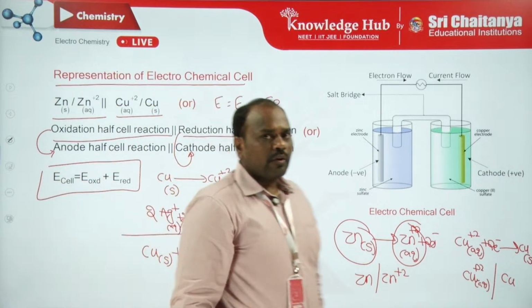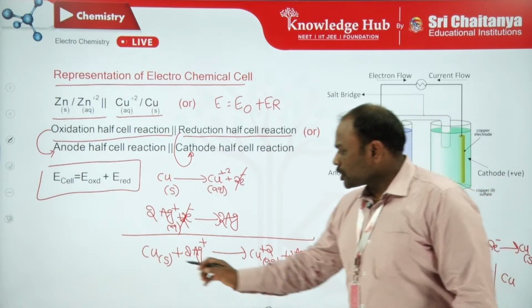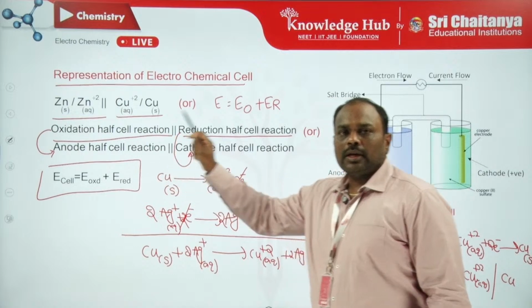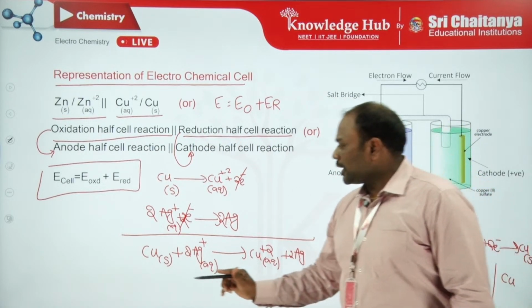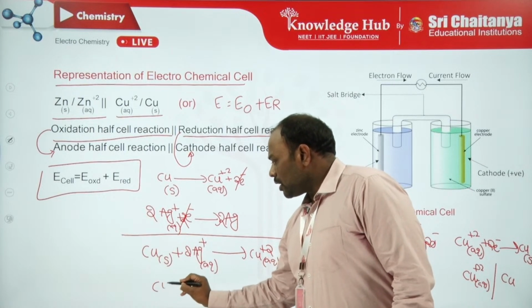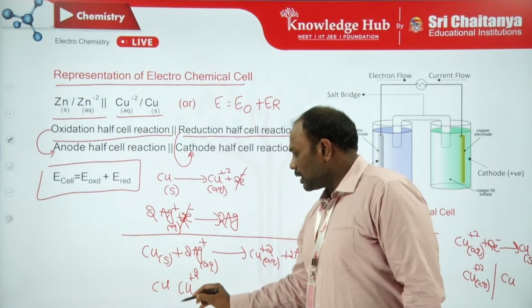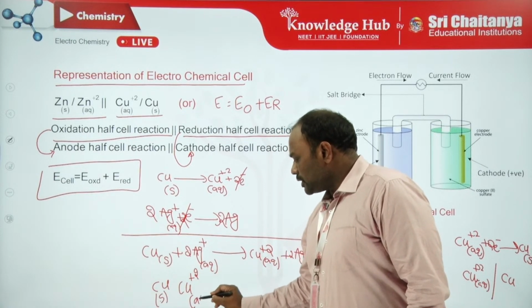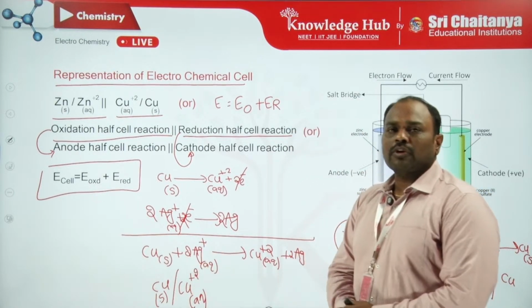What is the representation of this cell? On the left side, which reaction do we always mention? Oxidation. On the right side we always mention the reduction. The oxidation reaction is copper converted to Cu plus 2. Cu is in solid form, Cu plus 2 is aqueous. The slash indicates conversion.